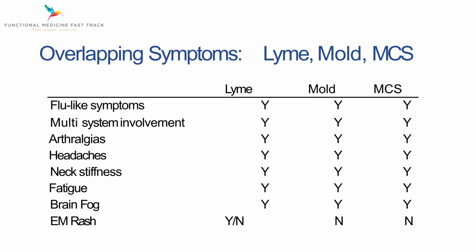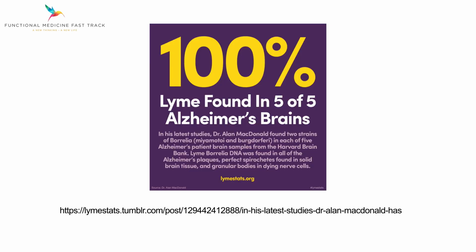And the only difference here, and that's for 20 to 40% of the Lyme conditions, is that erythema migrans rash. Otherwise, they are all the same symptoms moving through Lyme, mold, and multi-chemical sensitivity. So that is the tricky part here.